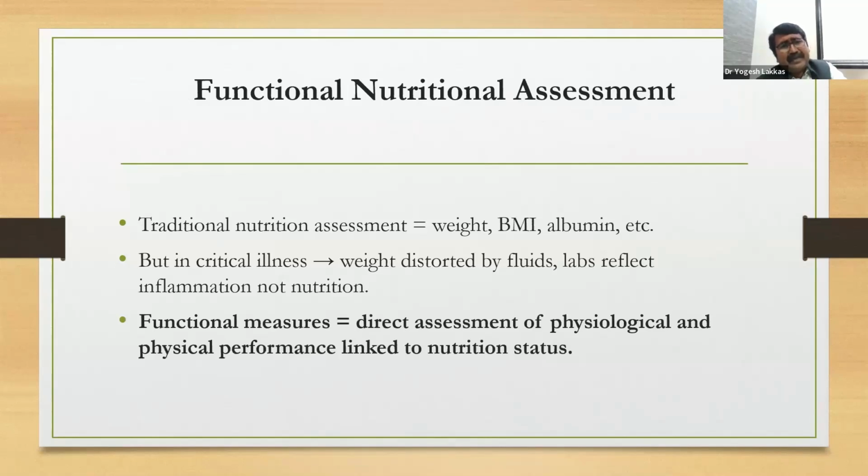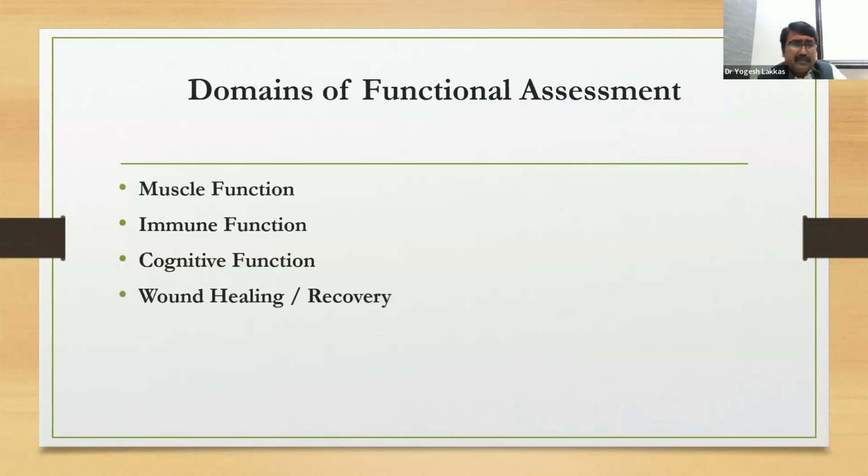Labs reflect inflammation and not nutrition. That's why functional measures, equal to direct assessment of the physiological and physical performance linked to the nutrition status, will matter a lot in the ICU while determining the nutrition for a particular patient.